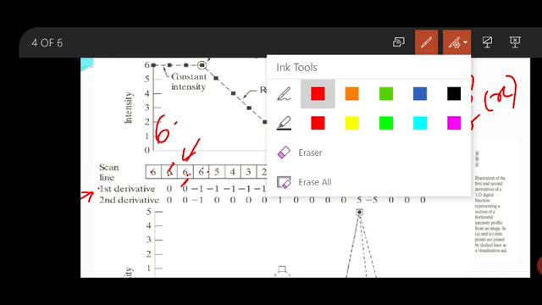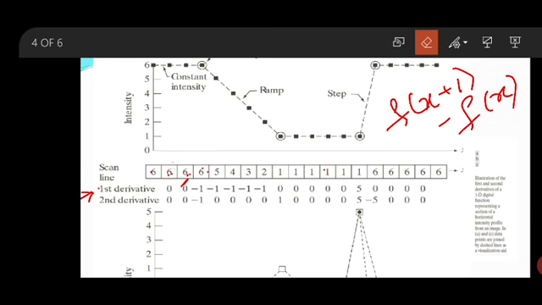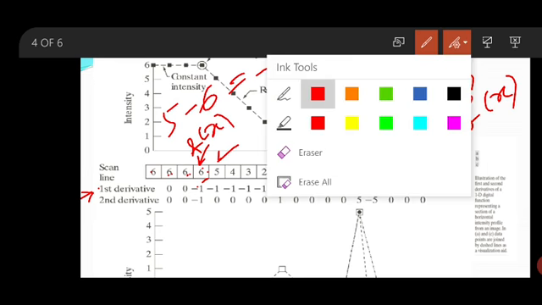Now I'll come to this one. This is my f of x. What is f of x plus 1? 5. So what you have to do here is 5 minus 6. What is the answer you get? Minus 1. I hope you are getting it now.